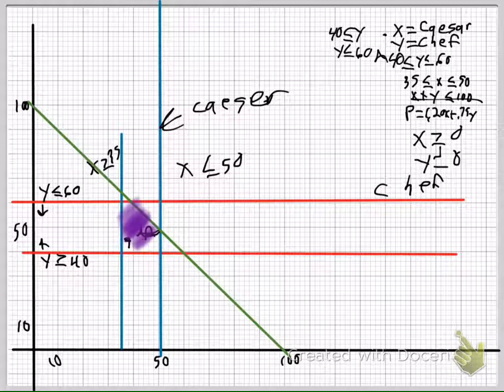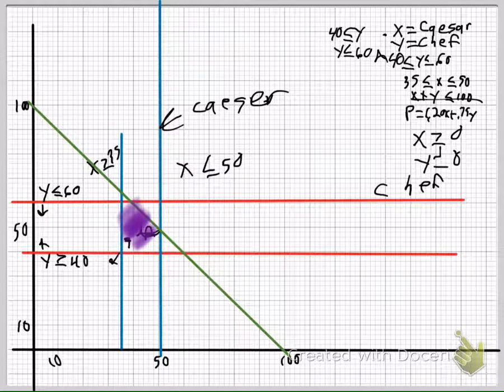Okay? So I know from the vertex theory of linear programming, or the vertex principle of linear programming, rather, that the maximum and minimum of my profit function, 120x plus 75y, is going to be at one of my vertices.